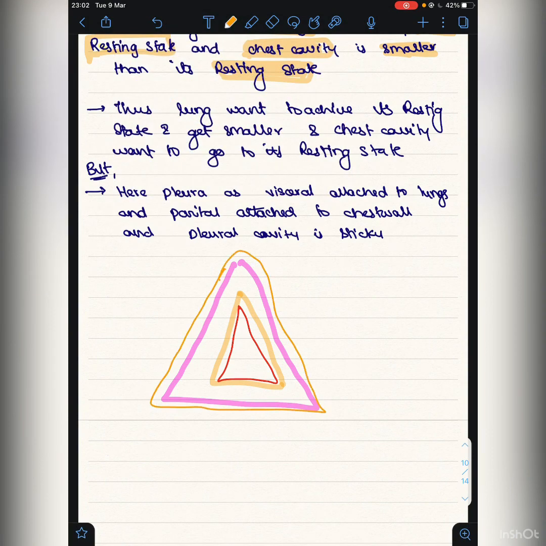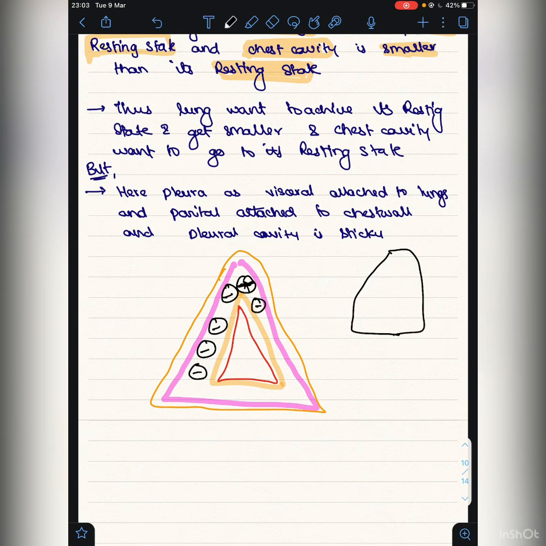Now, as the parietal pleura is attached to the chest wall and the visceral pleura is attached to the lungs, because there is not a real space, a negative pressure is created in the pleural cavity. Because of that negative pressure, both pleura are strongly stuck to each other.